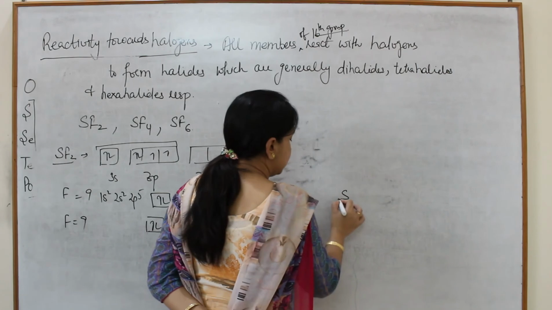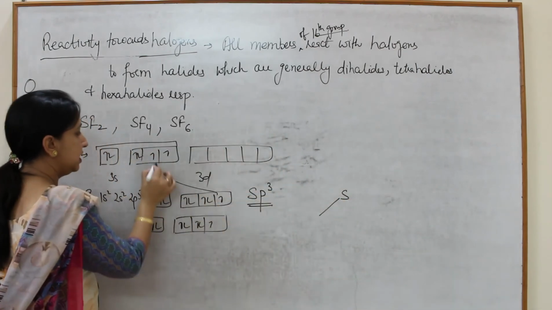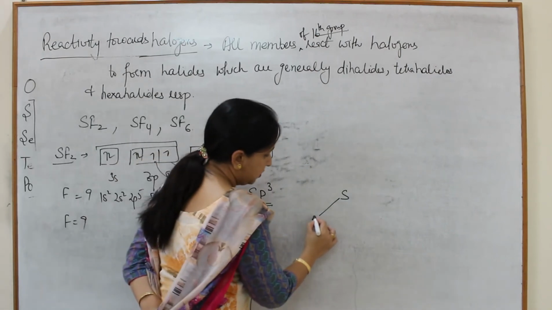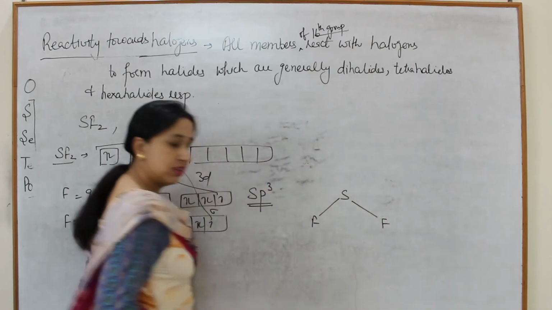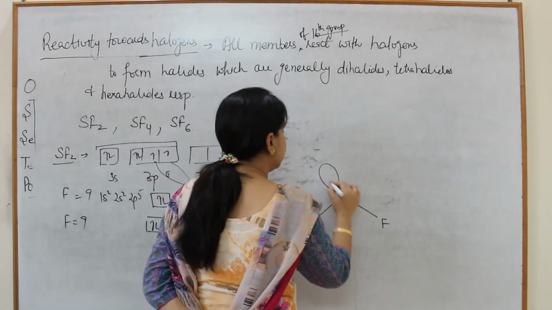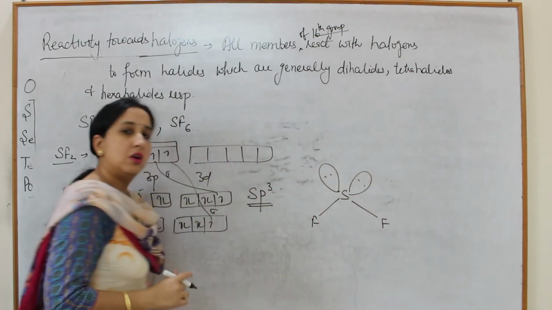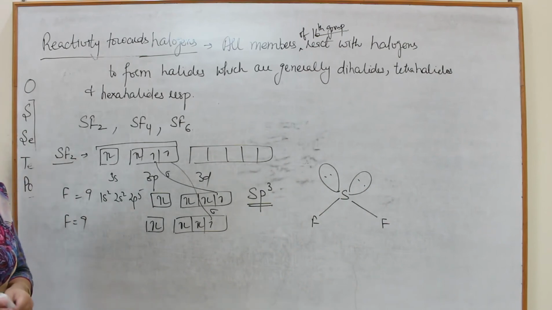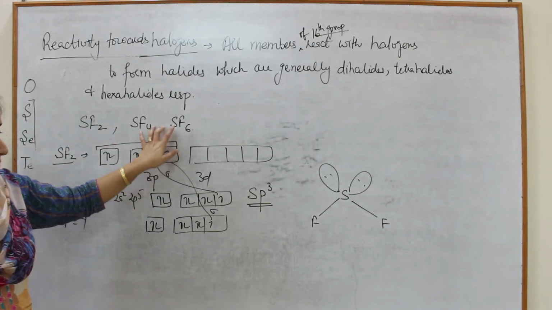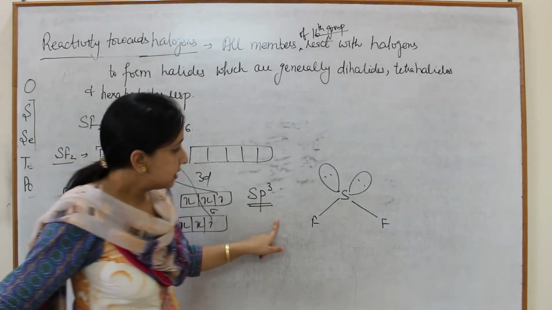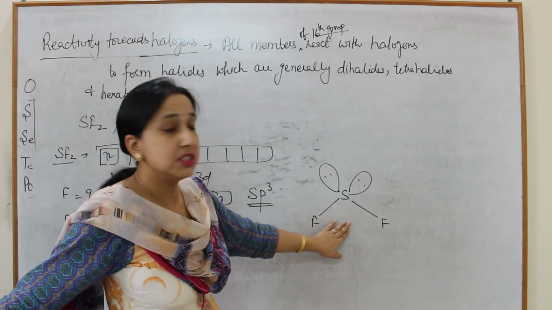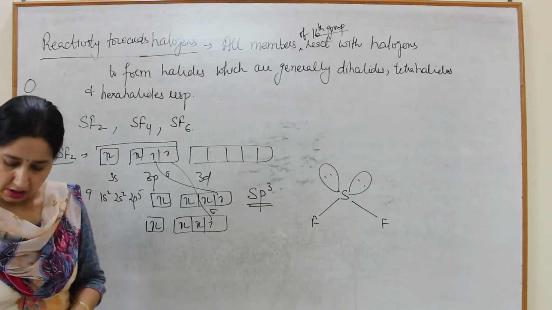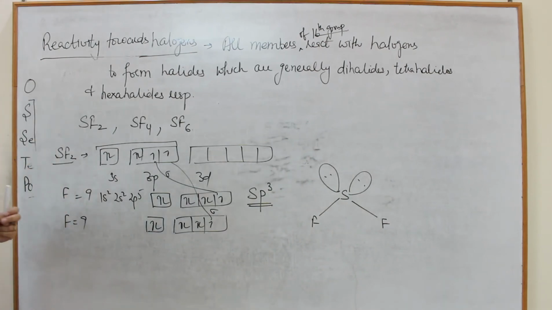So first fluorine will make sigma bond and second fluorine will make sigma bond, but there will be 2 lone pairs also. So this is the structure of any dihalide of 16th group with halogens. Geometry is sp3, shape is distorted tetrahedral.